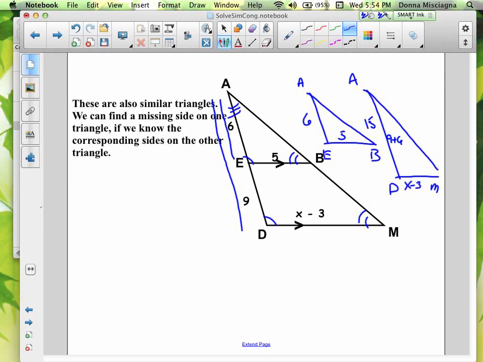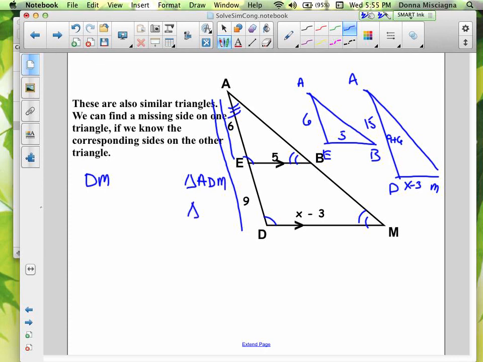So we're going to solve for x here. And so we want to write it in words first. Right? So actually let's put DM first, because we want to make sure we use that one, because that happens to be what we're looking for. We're looking for that x that's in DM. Right? So I'm only going to use the big triangle in the numerator, and that would be triangle ADM.